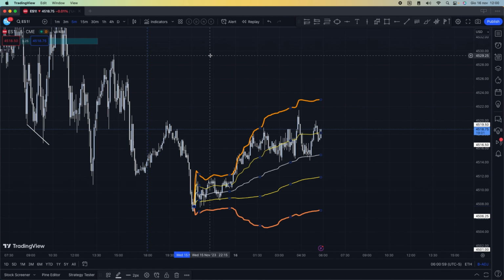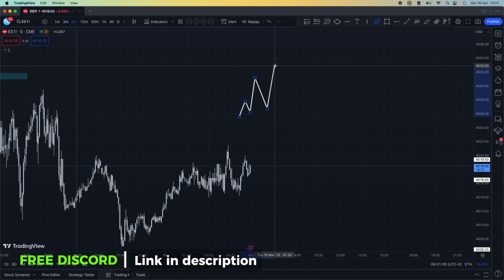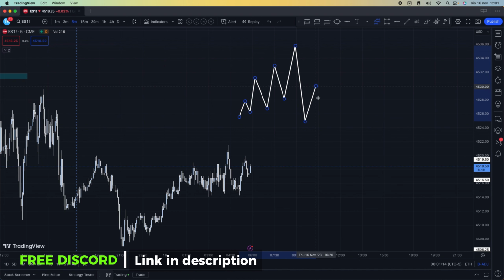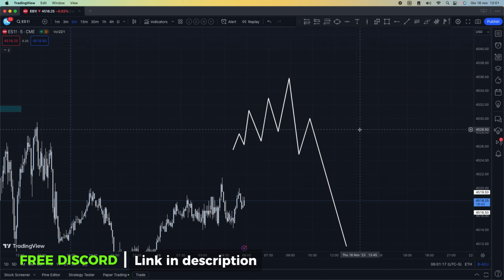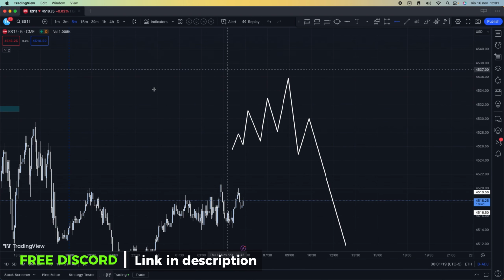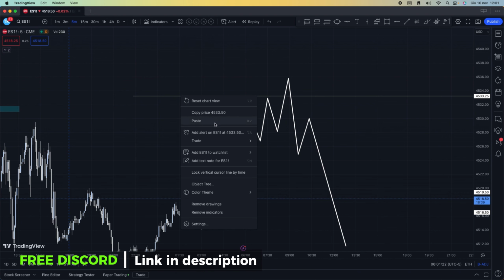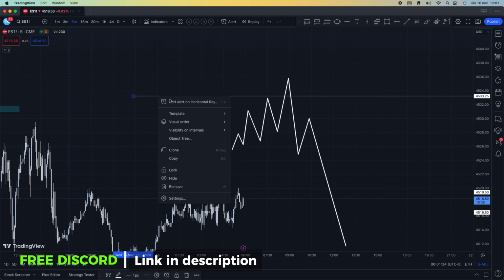So how do I add this indicator to my strategy? Quickly, my checklist is this one. We have price moving up, and we have a very crucial level.